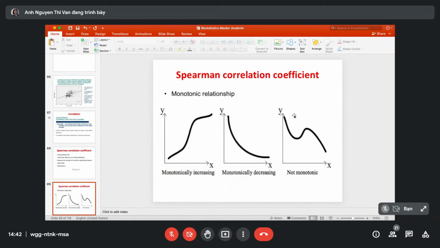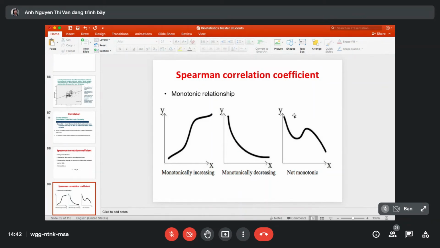The last case is not monotonic because I think the direction of the curve is changed. It does not move in one direction. More detail. At the first part it decreased, then it increased, and then it decreased.